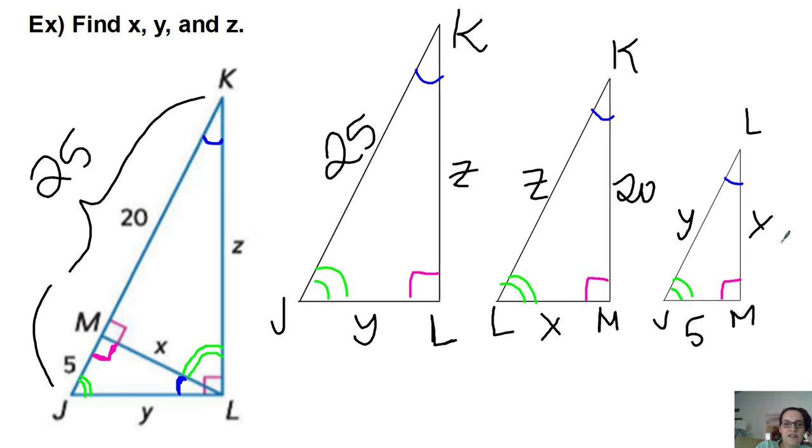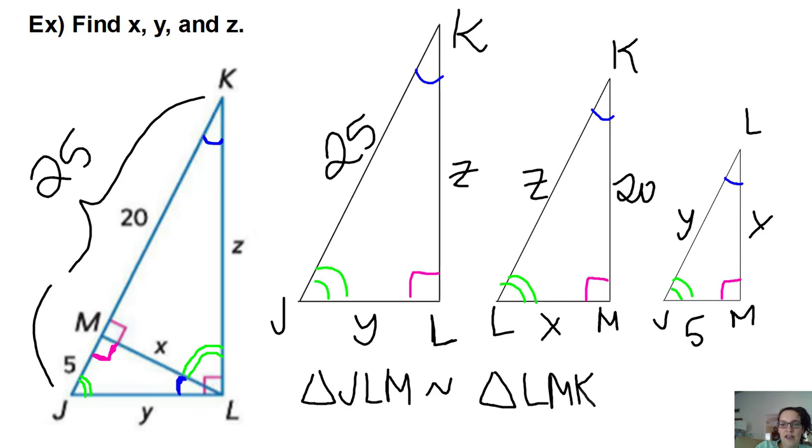And so I can write a similarity statement. Triangle JLM is similar to triangle LMK, which is similar to triangle JML. Those three triangles are all similar, so now I can set up proportions by matching up their corresponding sides and setting up ratios.